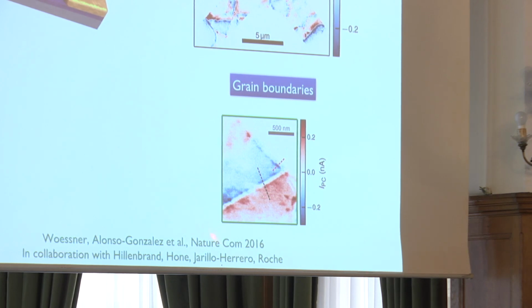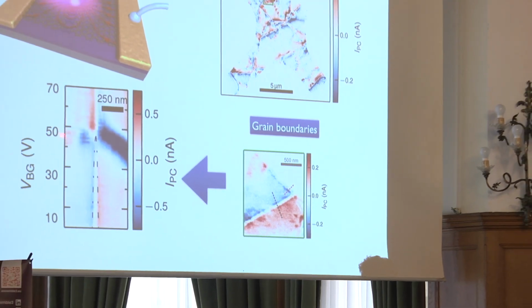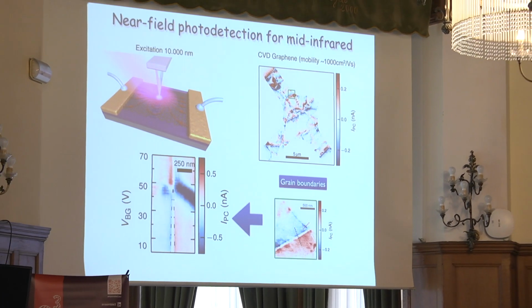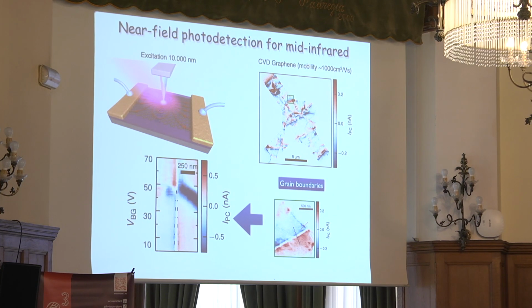And these are the grains that happen when you grow CVD graphene. We can also measure this as a function of voltage. We can indeed even flip this sign change by changing the voltage, and prove that this is indeed a change in carrier polarity.